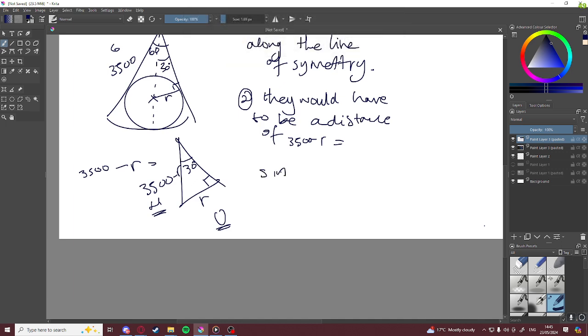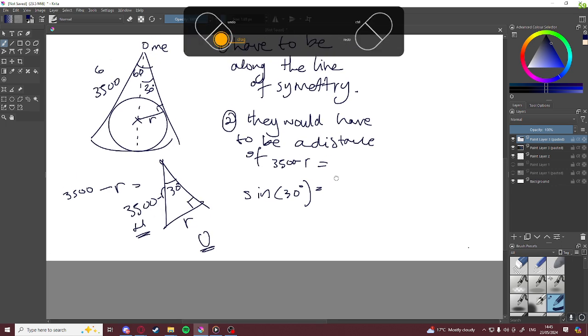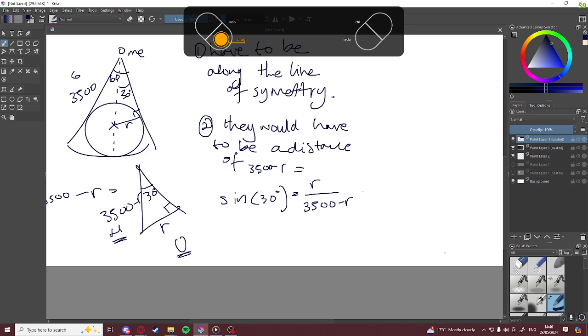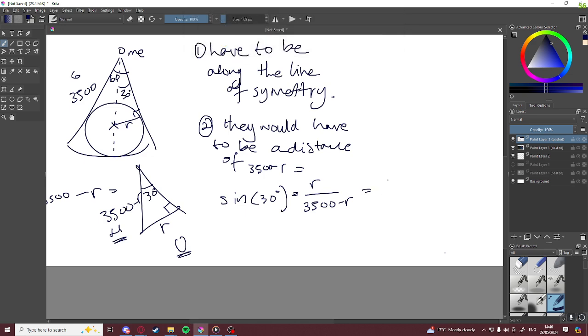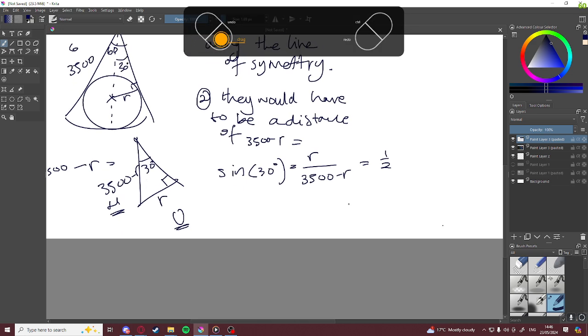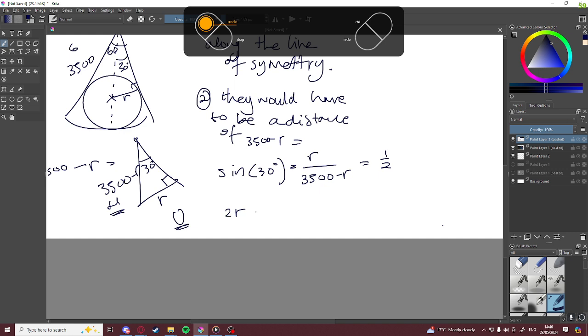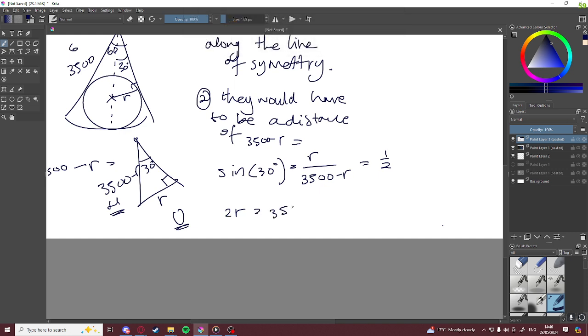And so I would have to use sine, and sine of 30 is equal to my opposite, which is r, all over 3500 minus r. And I know the value of sine 30, 1 over 2. And so cross multiplying, you would get 2r is equal to 3500 minus r.